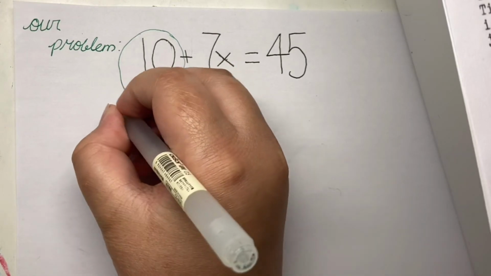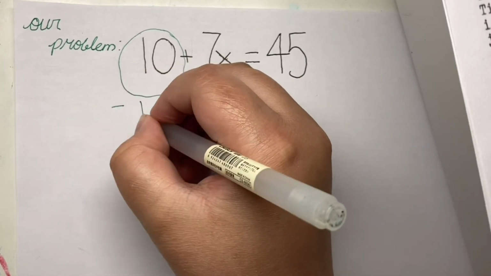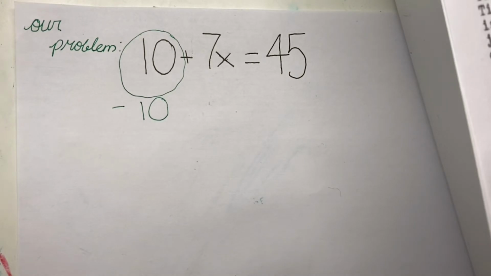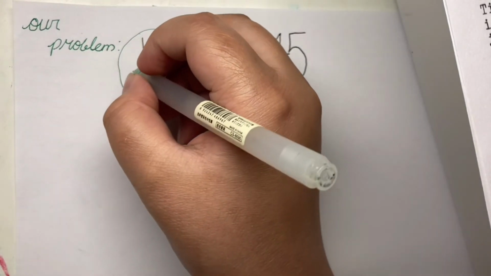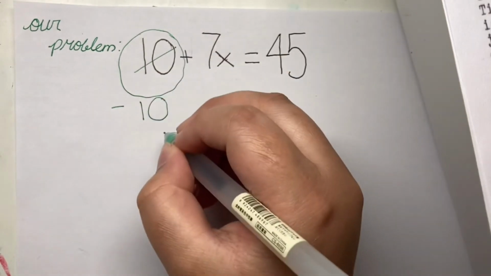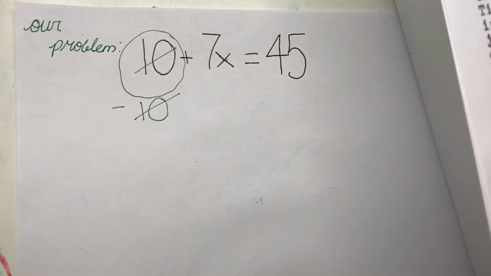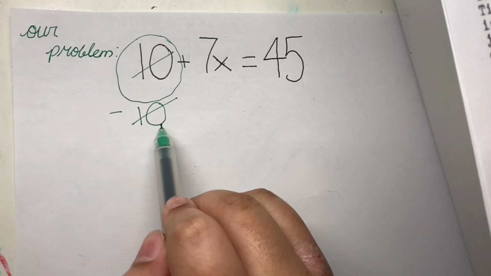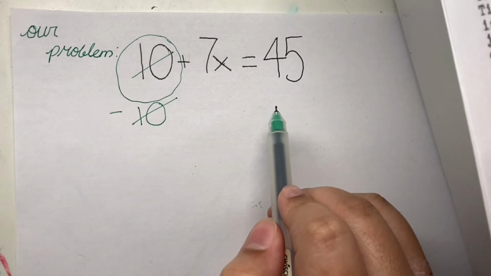This is what I meant by you have to do opposite operations. And what happens when you subtract 10 from 10? 0. They cancel each other out. And if you remember what I said earlier, whatever we do to one side of the equation must happen on the other side. So from 45, we will also subtract 10.